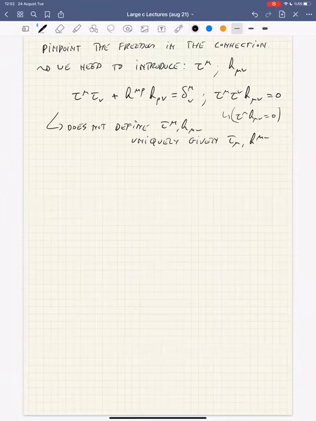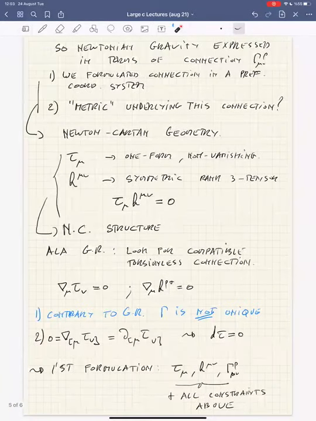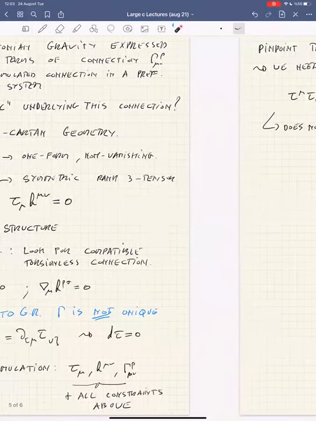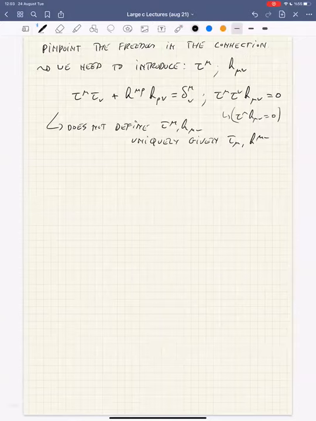So if you give me tau lower, h upper, then you can always find such tau upper, h lower, but these equations don't determine them uniquely. We don't want to introduce even more arbitrariness, right? This is already Newton-Cartan. We don't want to introduce extra degrees of freedom. You could, and then I think you end up with Aristotelian geometry or something like that. But let's not do that here.